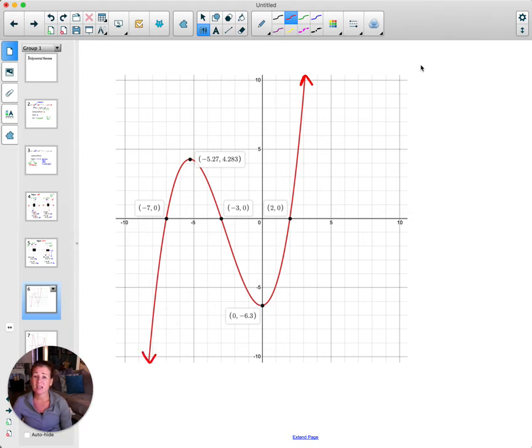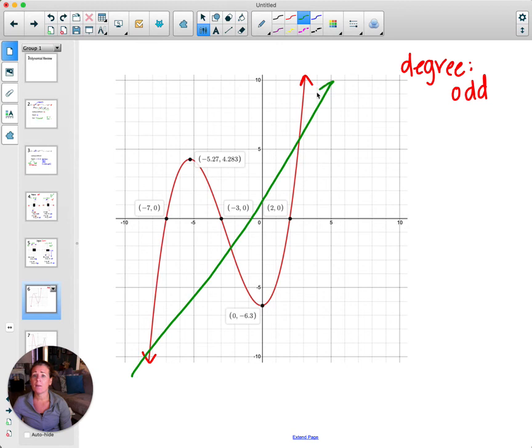That means it's an odd degree. So we for sure know the degree is odd. It's also down on the left and up on the right. So overall the function is going up, meaning that the lead coefficient, the a value, is bigger than 0.